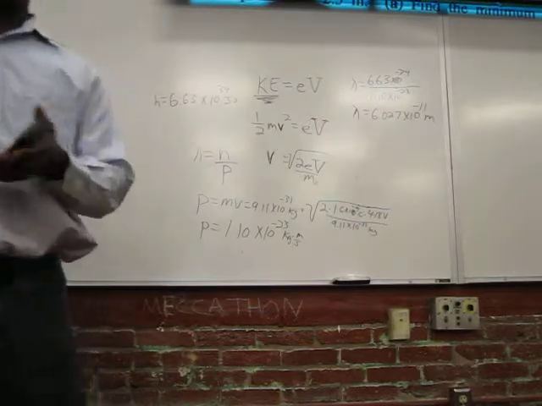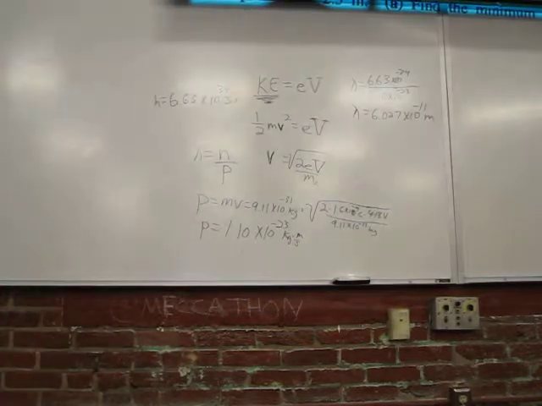Now notice how small that wavelength is. Okay? This is why mechanical engineers and electrical engineers and so on don't really talk about quantum mechanics, because they don't really have to deal with the effects of this. The only time the de Broglie wavelength becomes significant is when your electron is passing through a hallway that's around the size of the de Broglie wavelength.